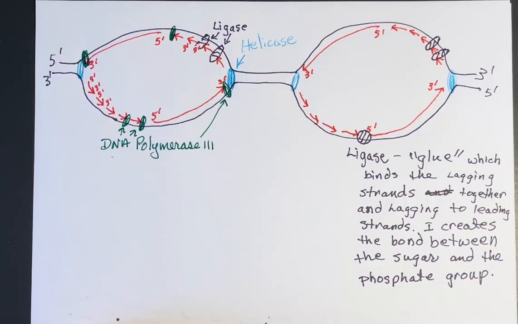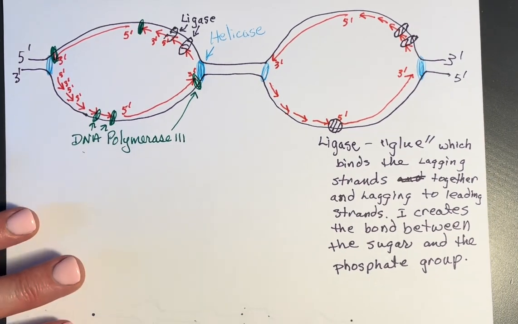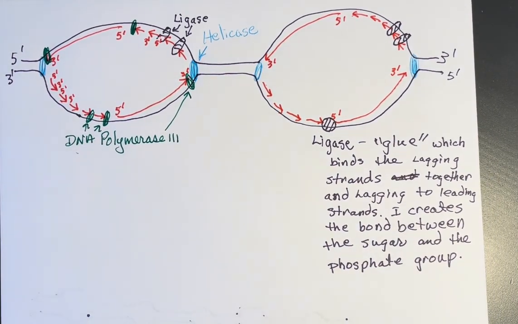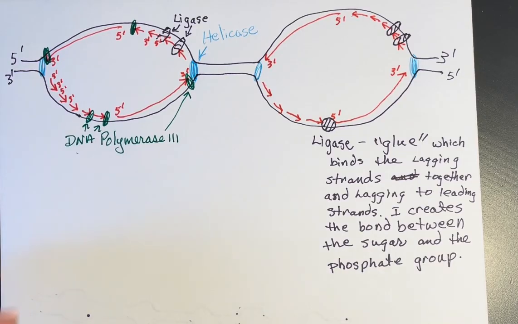Hold on. Okay, so definition for ligase, they always use the term glue. So it acts like the glue which binds the lagging strands together, as well as the lagging to the leading strands. So it creates the bond between the sugar and the phosphate group for the sugar phosphate backbone.